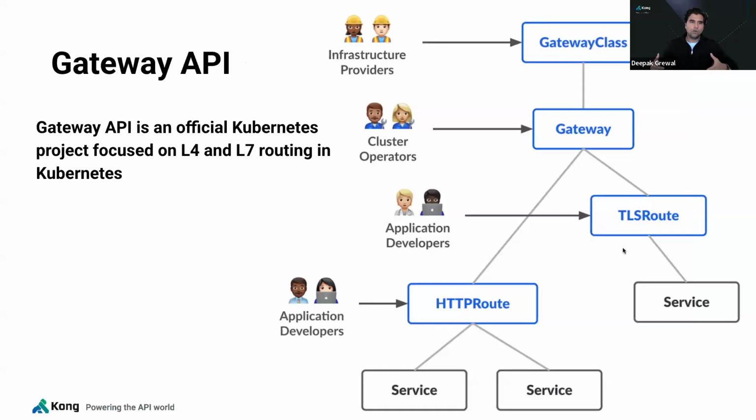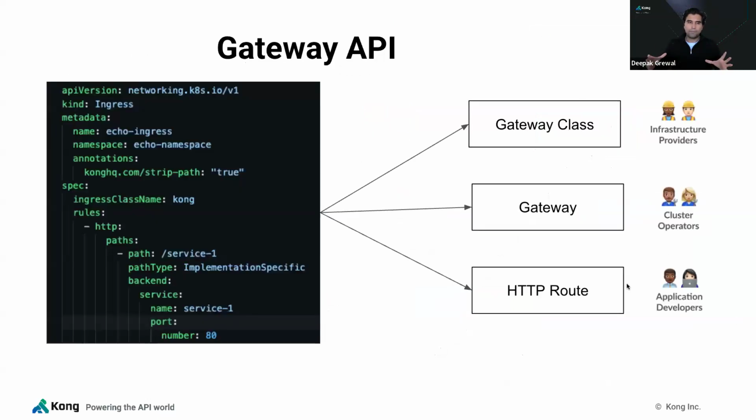It's a new way of managing level 4, level 7 type routing within Ingress. And it breaks up the Ingress resource into 3 main resources. So that initial resource can be divided up into, say, a gateway class and a gateway.